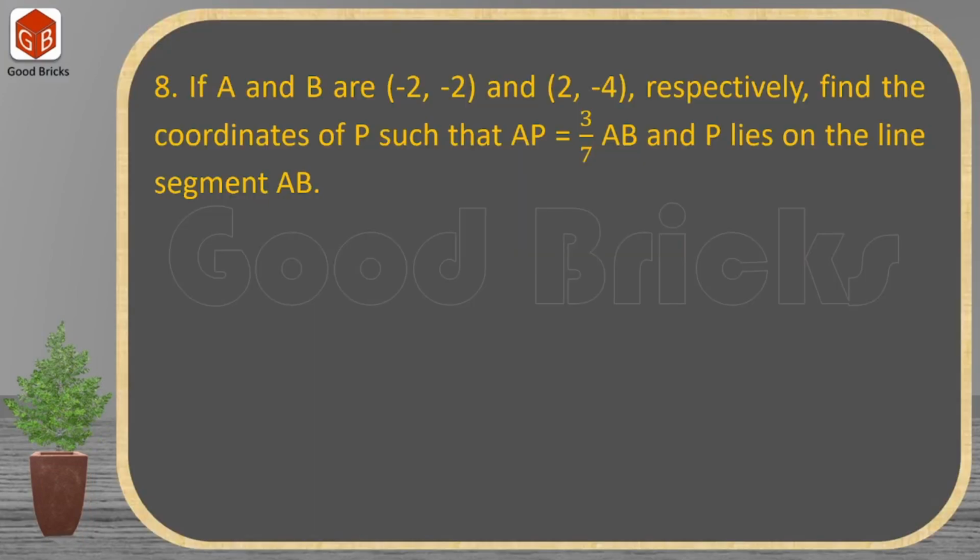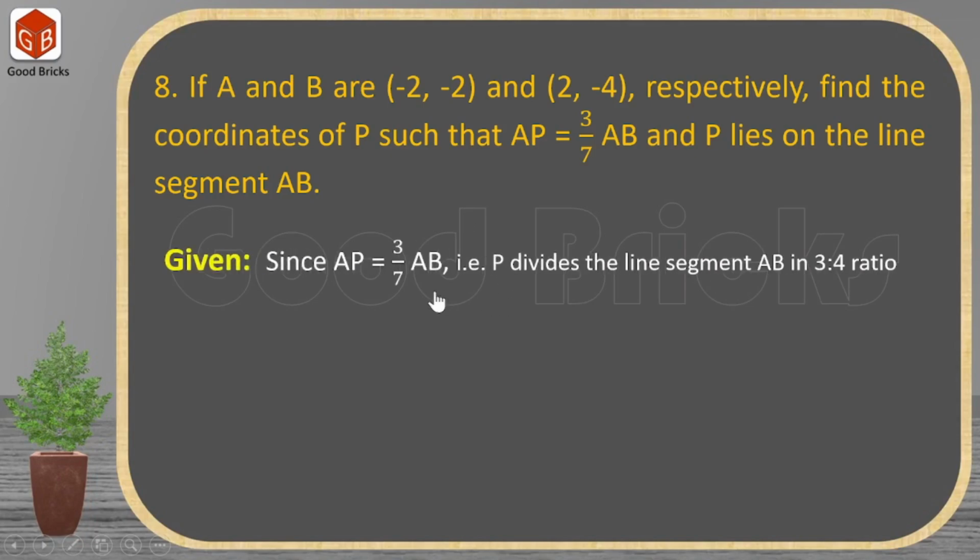Now let us solve 8th problem, and in this problem they have given that AP is equal to 3 by 7 of AB. It means point P divides the line segment AB in 3:4 ratio. Let us try to understand this information with the diagram. See A and B, these are the 2 points.